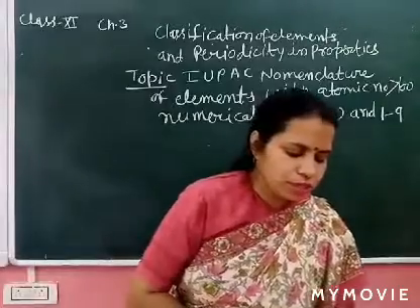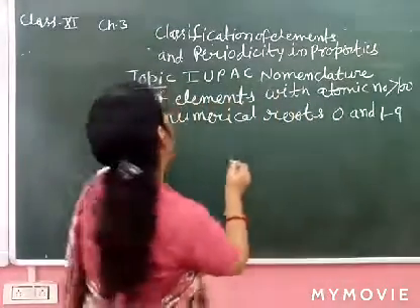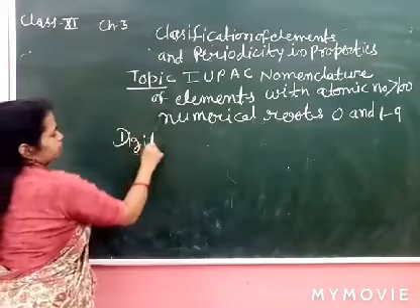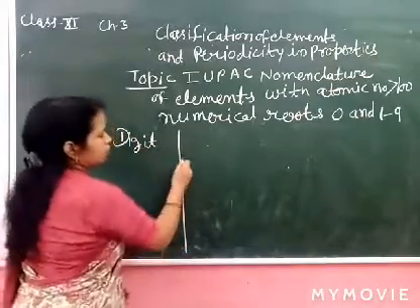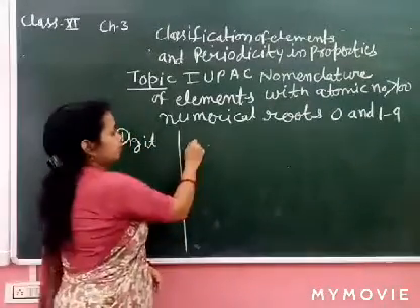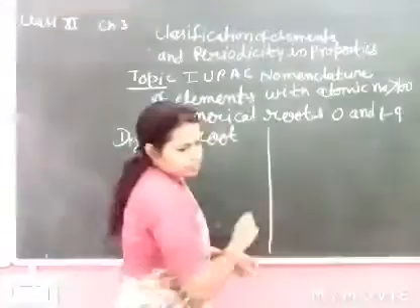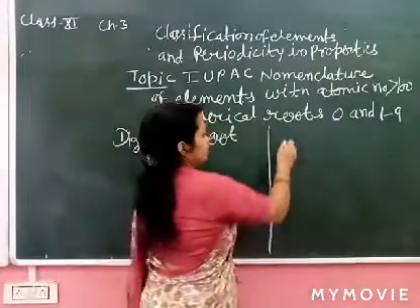What are the roots? First, you have to make a table. There is digit, then root, and then its abbreviation.